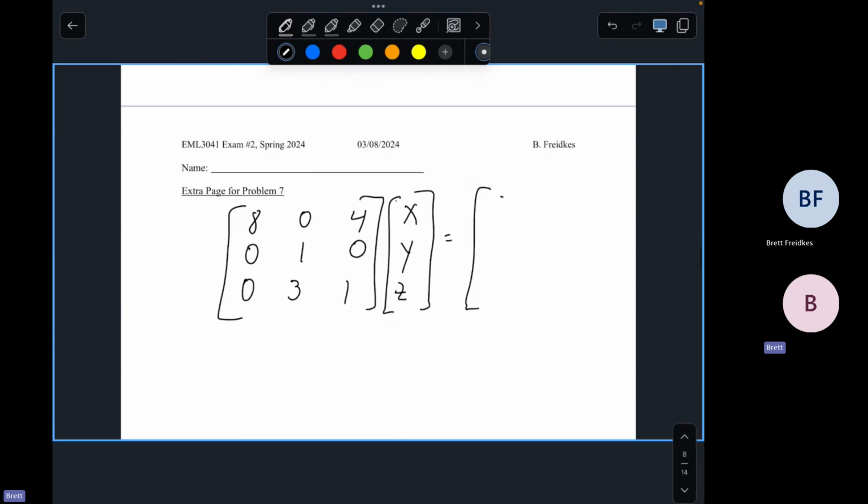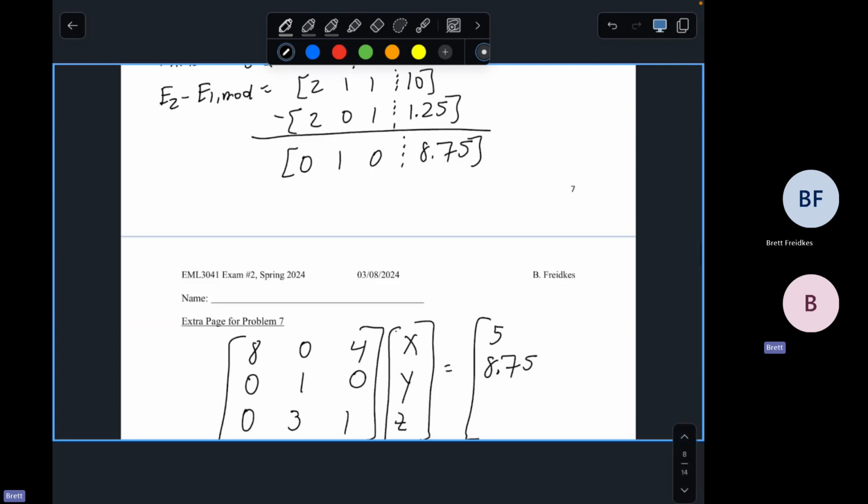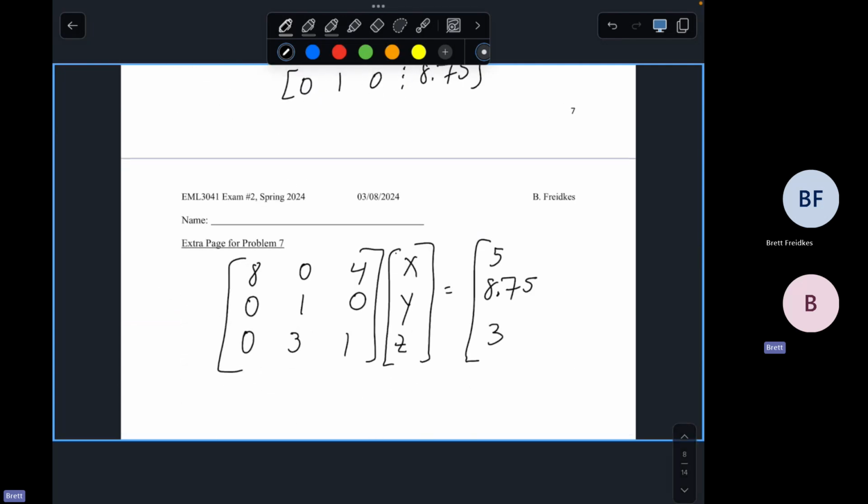Five, 8.75, and 3. So yes, if you're clever and you recognize you can find y right away, sure, you can do that. But if I had a non-zero coefficient here, I would not want you to do that. I want you to keep going.